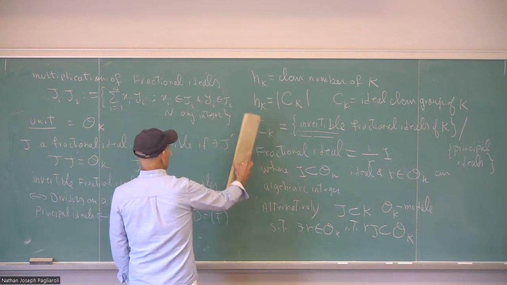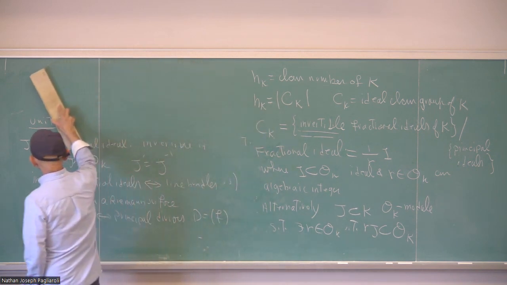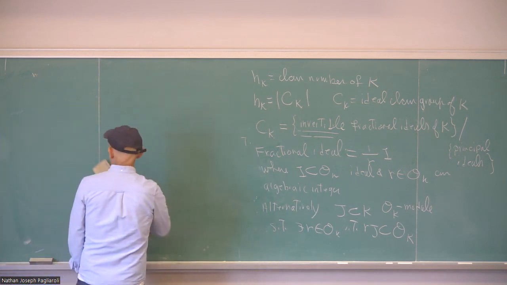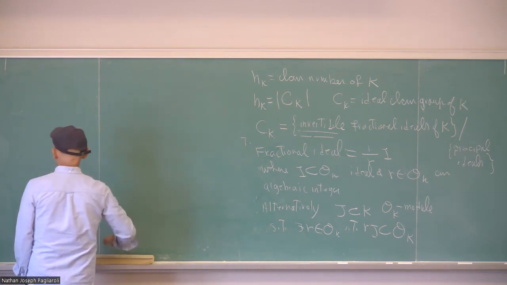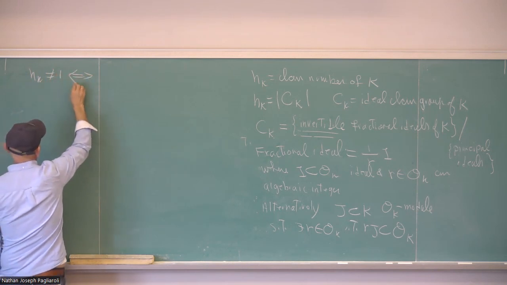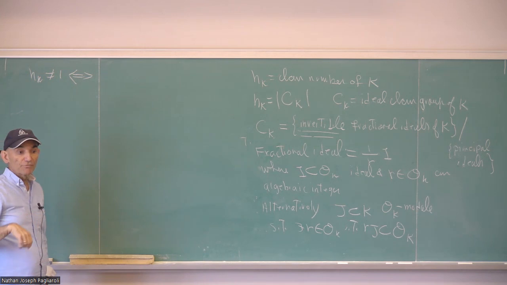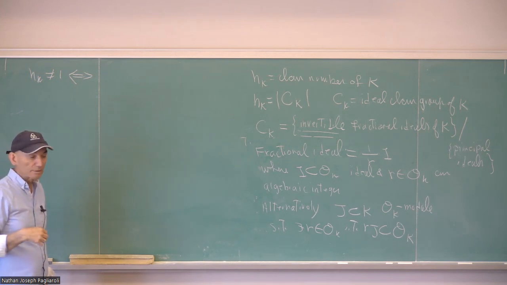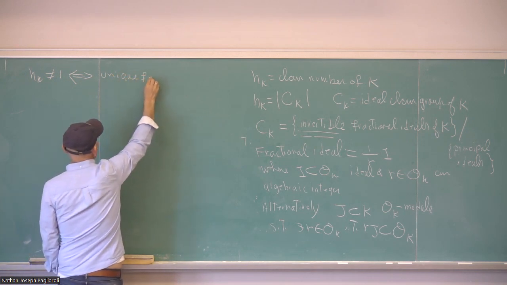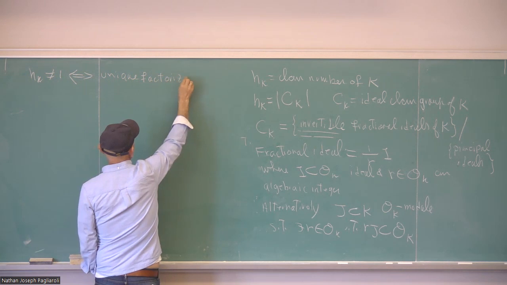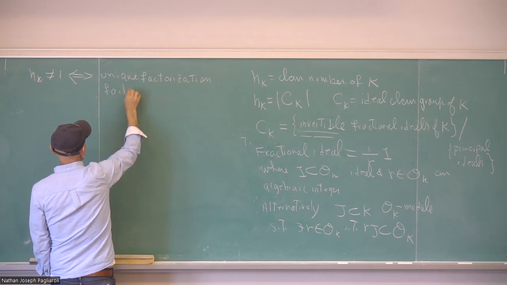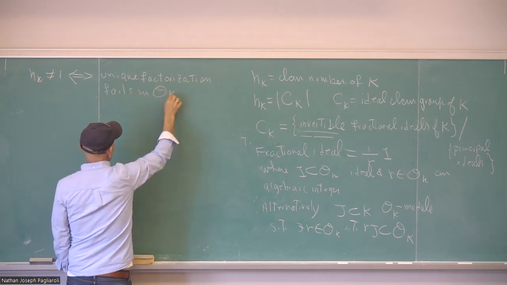So h_K, anyhow, is a quantity. It's not very easy to compute, but morally, for example, the following thing I believe is correct. h_K is different from 1 if and only if unique factorization for elements in O_K is failing.